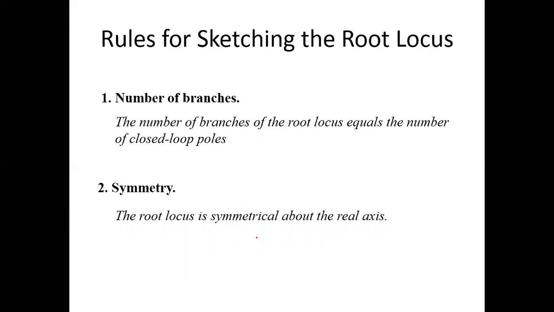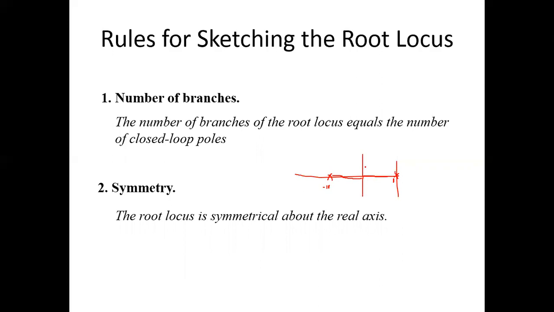The root locus is symmetrical about the real axis. For example, in the example we discussed in the previous video, we have a pole at -10 and the root locus starts from 0, and at -5 the root locus becomes underdamped.